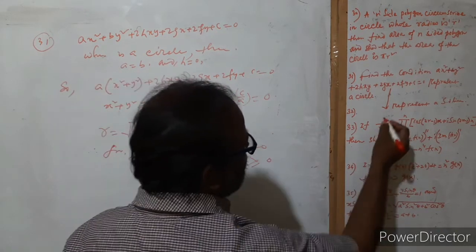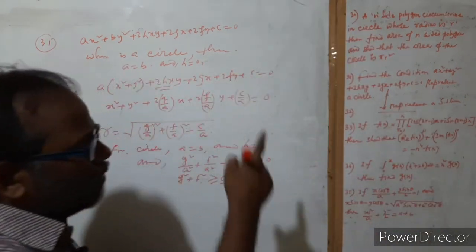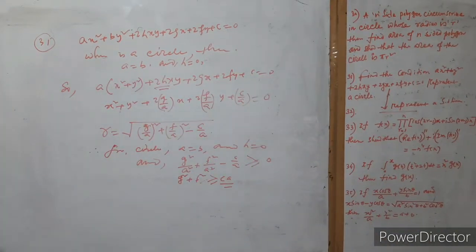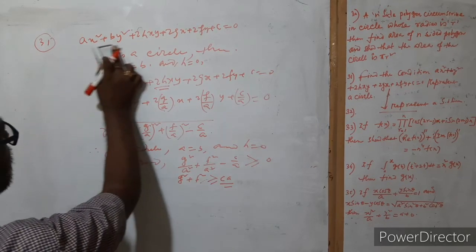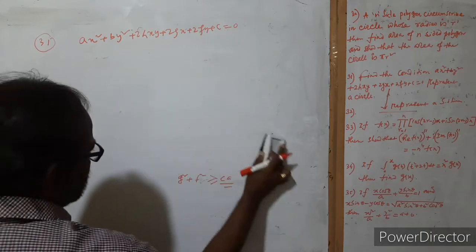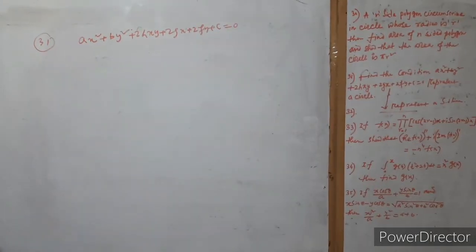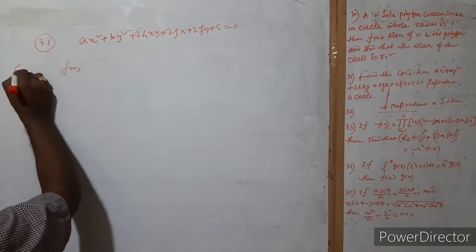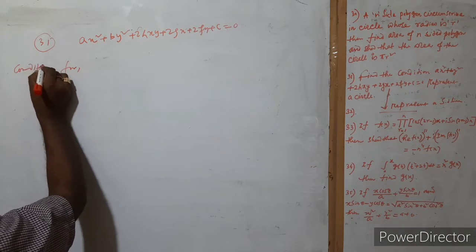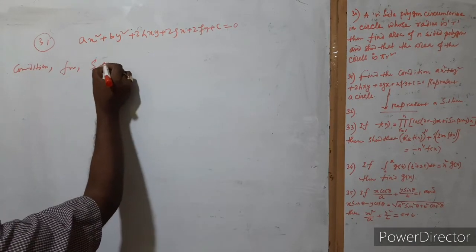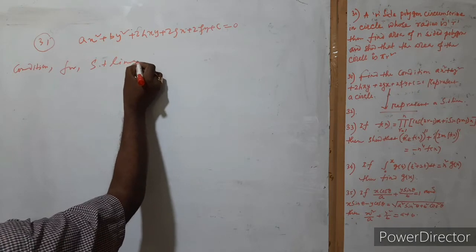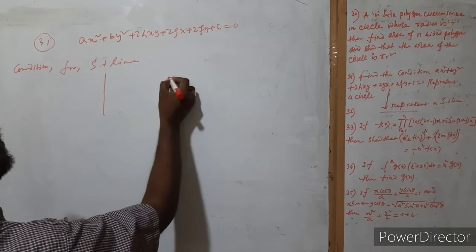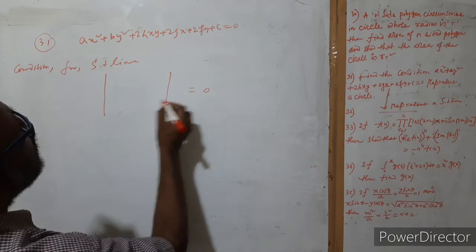And it can represent a straight line. So for this quadratic equation to be a straight line, there is a condition. Actually, this is the determinant, and it would be 0.